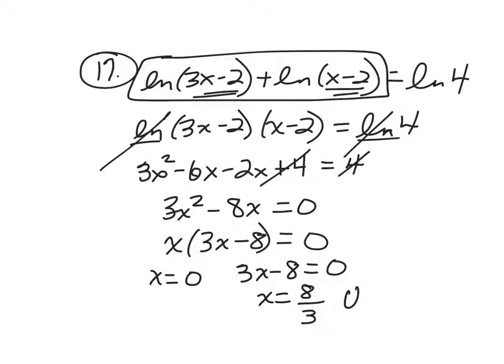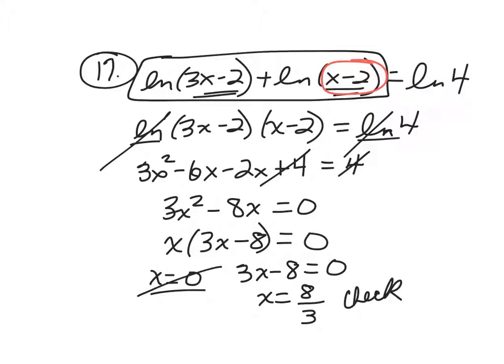But on a logarithmic equation, we always have to check. Now, what are we checking? Well, if you remember, you cannot take the log of a 0 and you cannot take the log of a negative. So when we put these values back in, we shouldn't end up with the log of a negative or 0 anywhere. And notice if I put 0 in back up here, x minus 2, I'm going to get the log of negative 2, which I can't do.